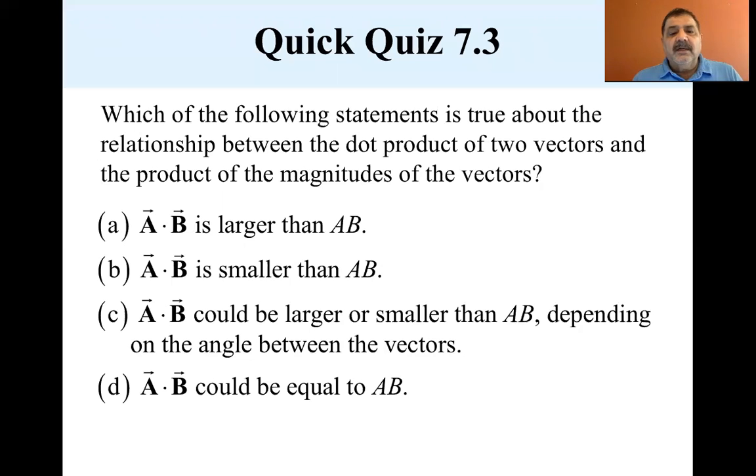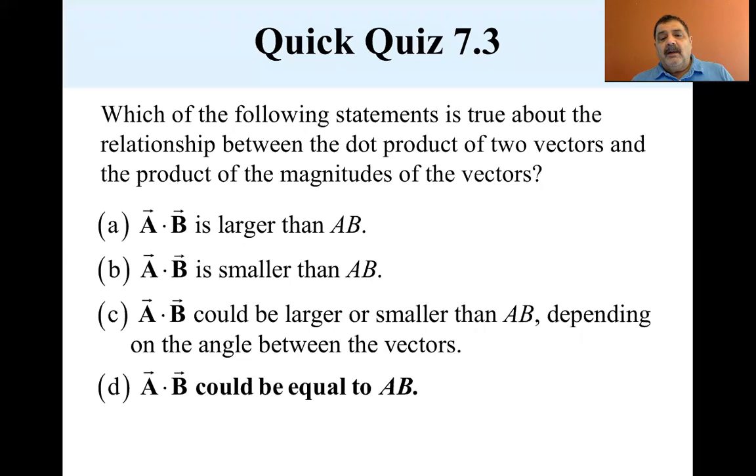And if we look, it could be true that A dot B could be equal to AB because the range of the values of theta, or in particular cosine theta, is from -1 to +1.